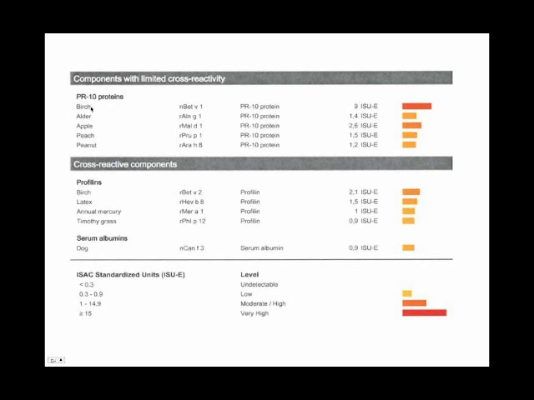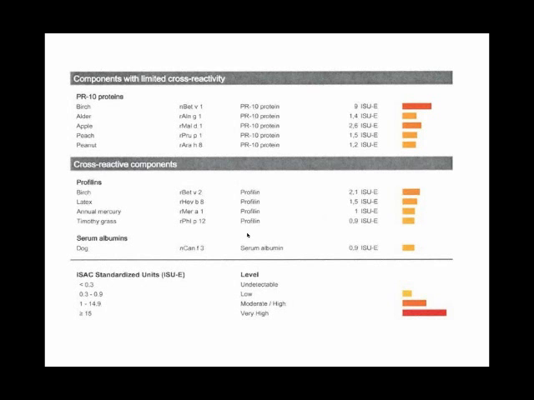So probably, I think he was primed to react, and there was enough PR10 or some other allergen that caused him to have the severe immediate reaction. He is a little bit sensitive to serum albumins, and those are actually found in mammalian meats.